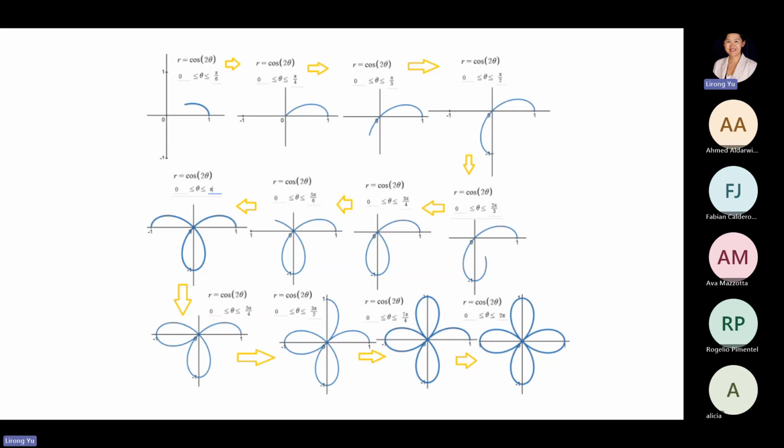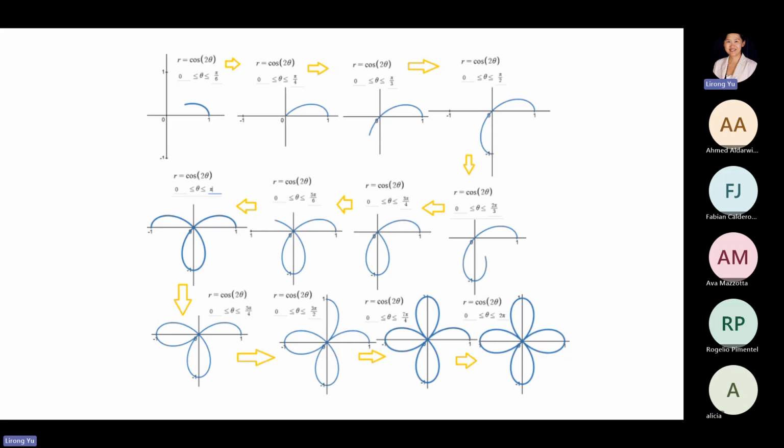So r equal to cosine 2 theta ends up being a four-petal rose. The reason the number of petals is doubled, if you see, you have a 2, but cosine 2 theta actually gives four petals. Sine 2 theta is also a four-petal rose. If you graph sine or cosine 4 theta, you're going to have eight petals. So whenever you have an even number multiplied by the angle, the number of petals is doubled.